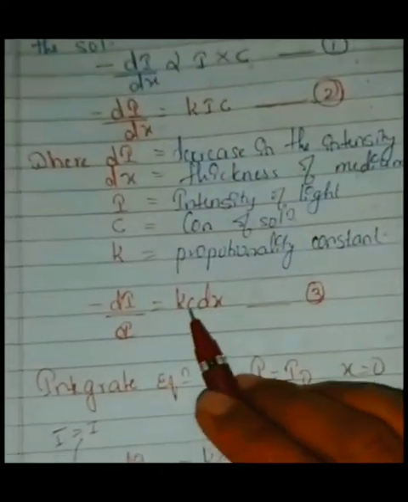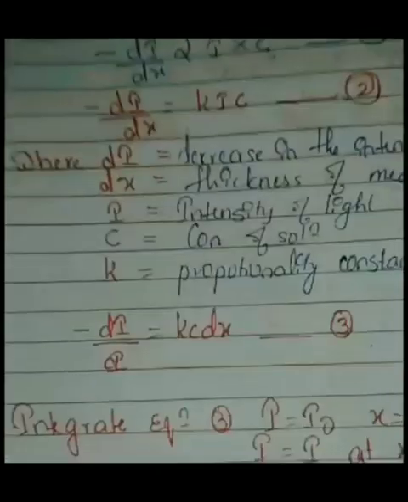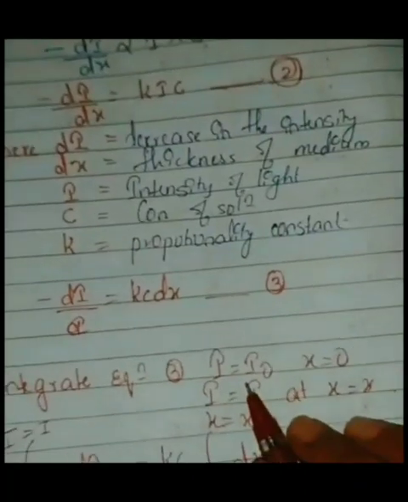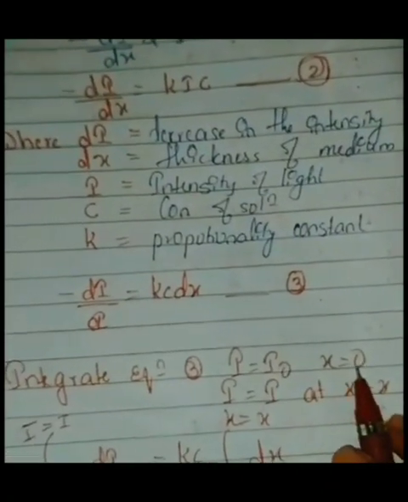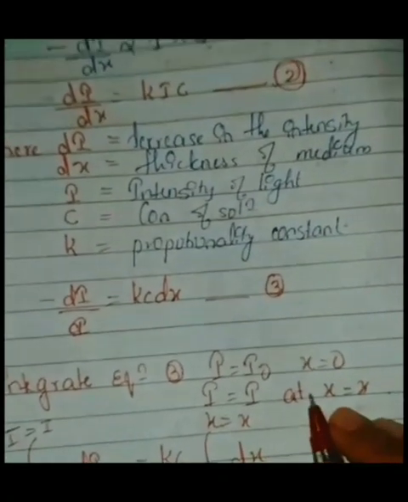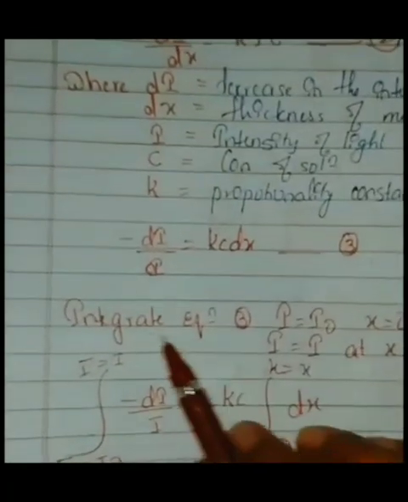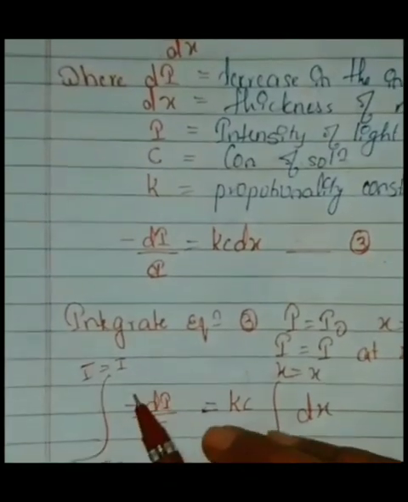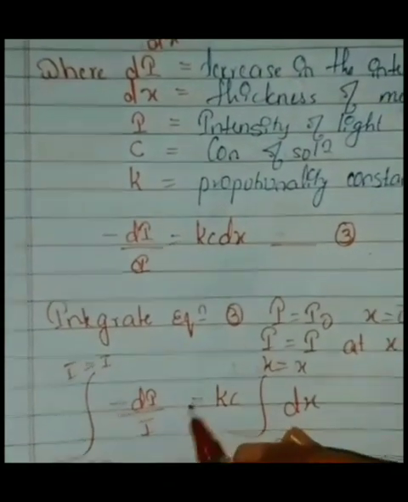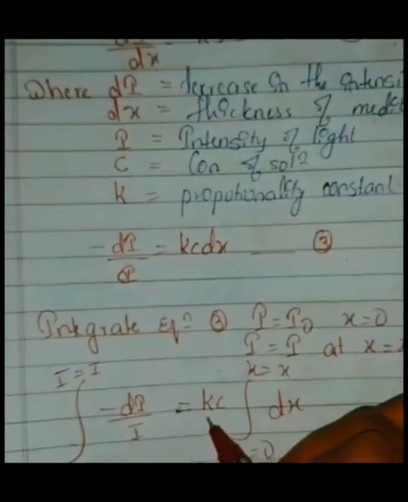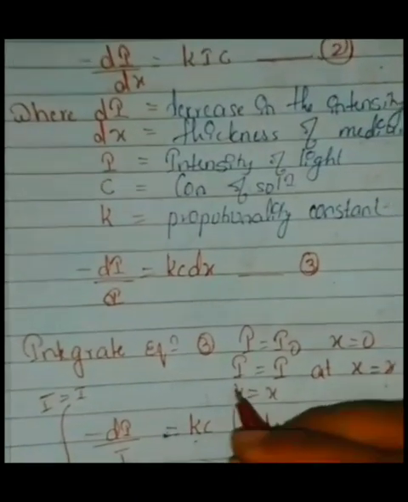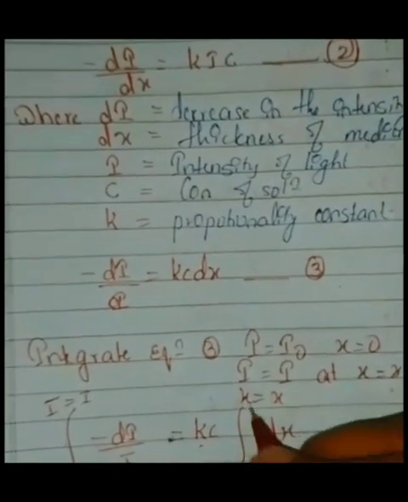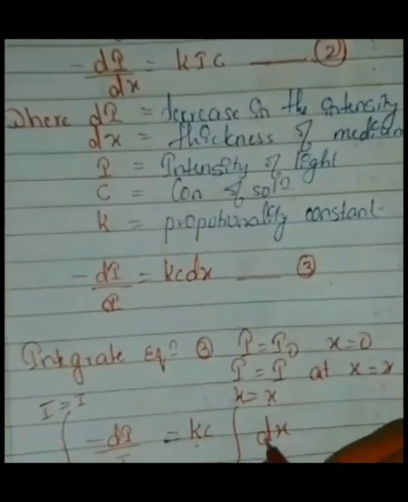Now we need to integrate equation 3 with the limits I equal to I0 at x equal to 0, and I equal to I at x equal to x. Minus dI by I equals k, the proportionality constant, and C, the concentration of the solution, integrated over dx from x equal to 0 to x.